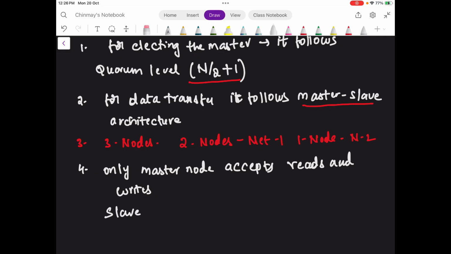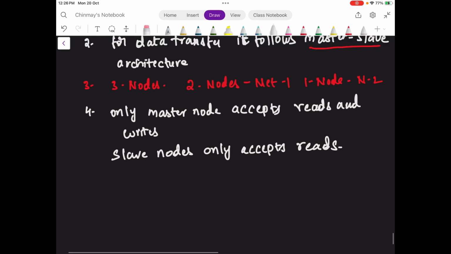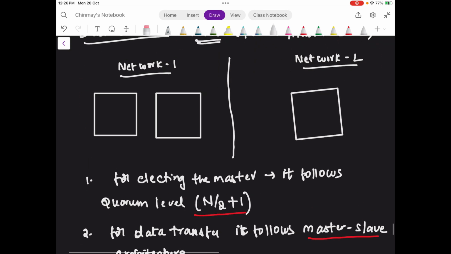Slave nodes only accept reads. These are 2 nodes, not replicas like Cassandra and MySQL Cluster Mode. These are only the nodes.